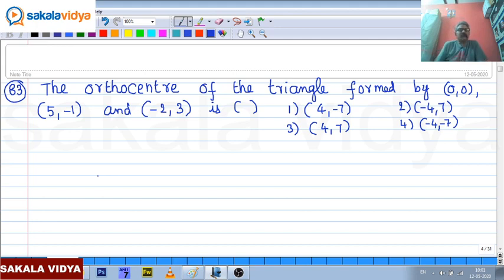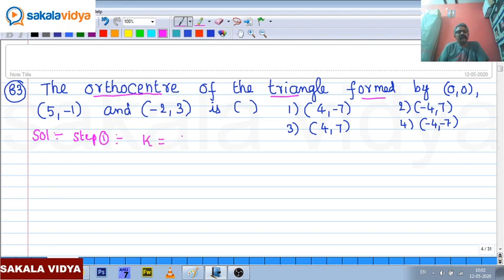So let us find out now. The orthocenter of the triangle formed by (0, 0), (5, -1), (-2, 3). Already one of the vertices is (0, 0). So first, step 1: I will explain. The K value you need to find out.